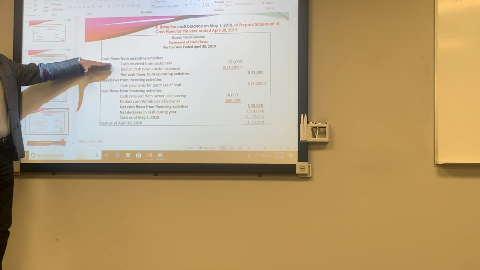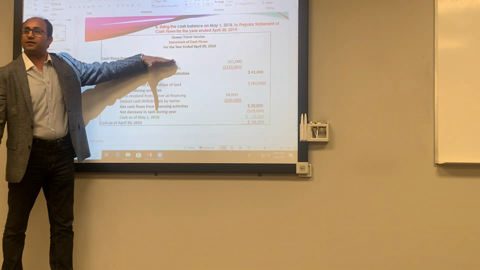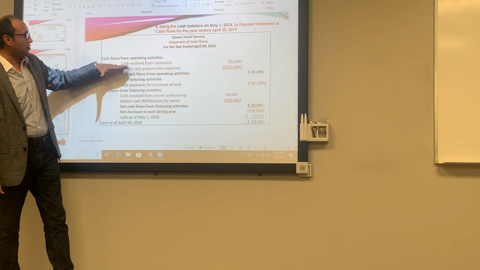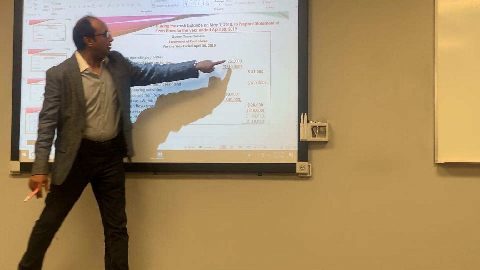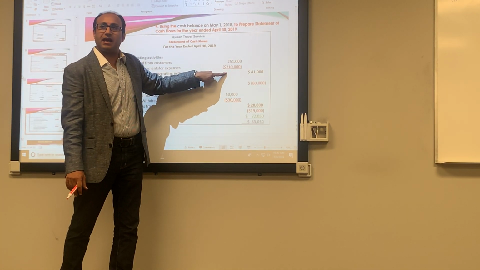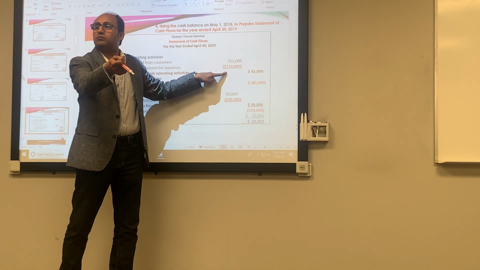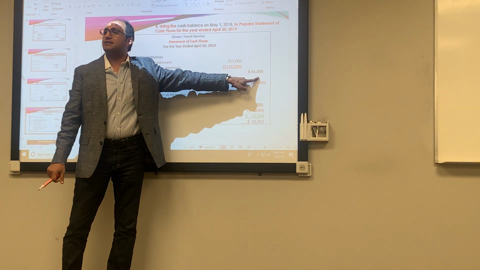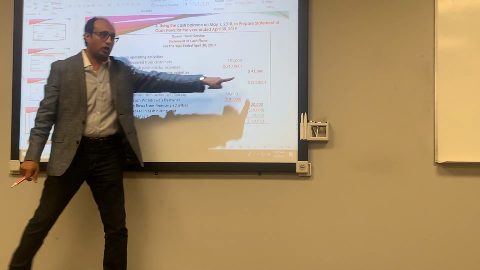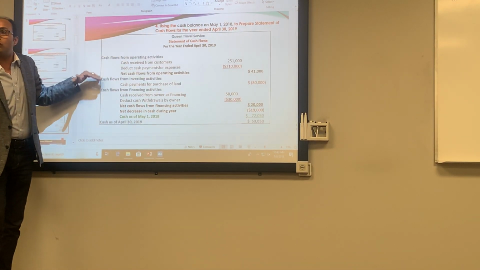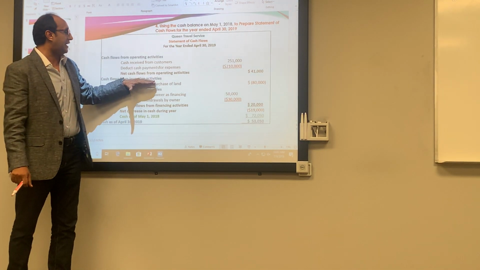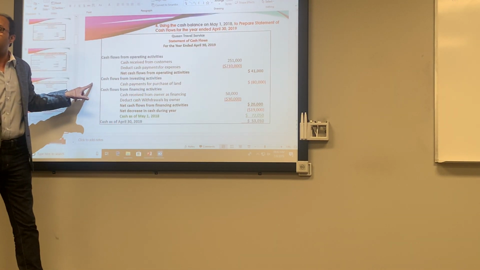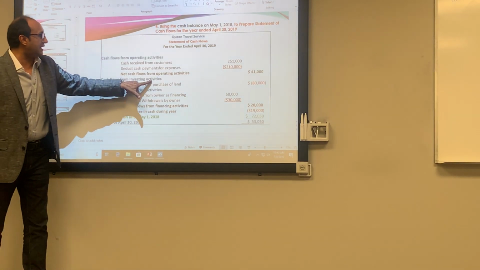So after I finish cash flow from operating activities here, I count this number, subtract from it any money going out of my business, and it gives me this number, $41,000. And then I will go to the next section, cash flow from investing activities.